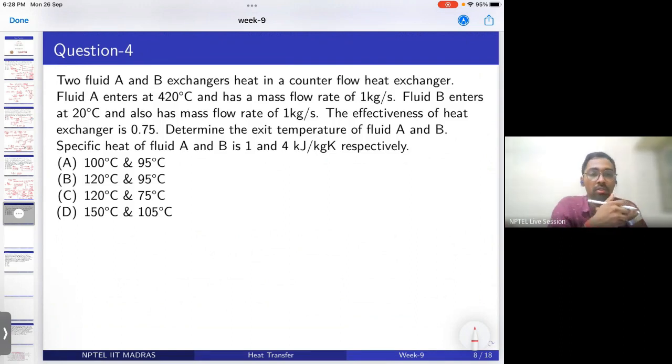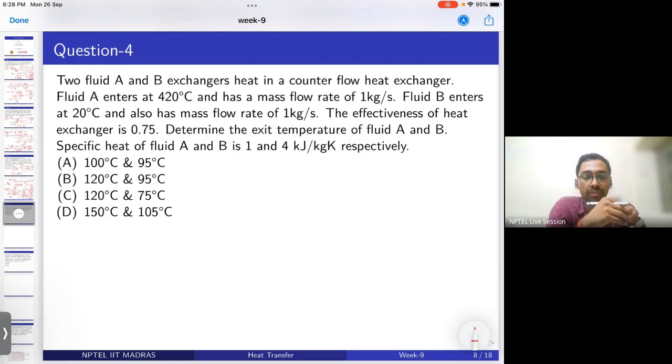In this question, we have two fluids, A and B, which exchange heat in a counterflow heat exchanger. Fluid A enters at 420 degrees Celsius and has a mass flow rate of 1 kilogram per second. And fluid B enters at 20 degrees Celsius, also with a mass flow rate of 1 kilogram per second.